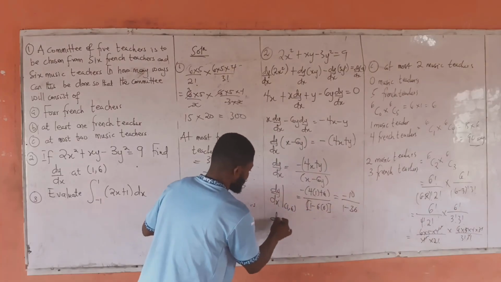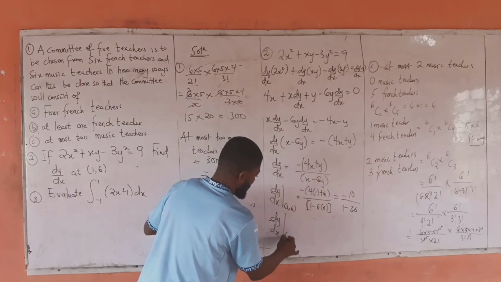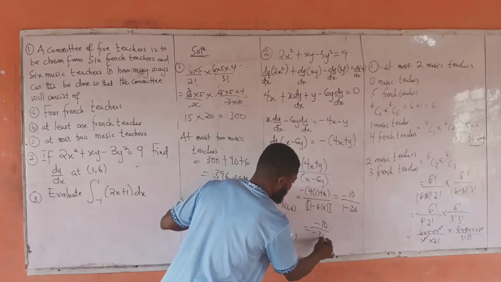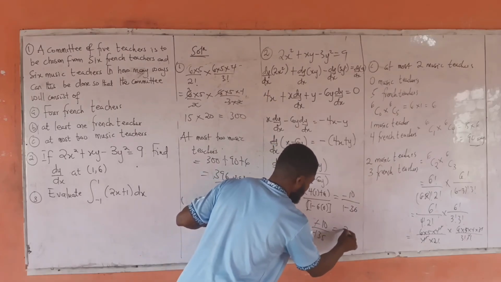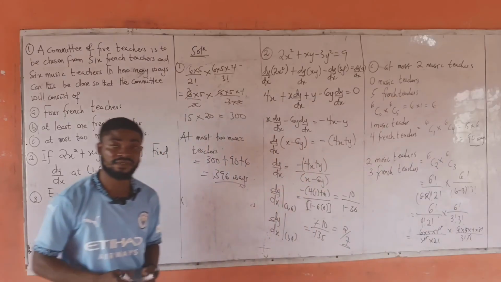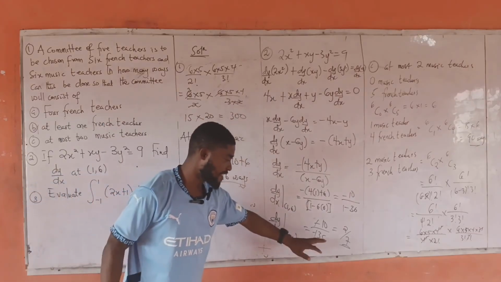Then this now leads us to, so 5 goes into 10 2 times, 5 goes into 35 7 times.